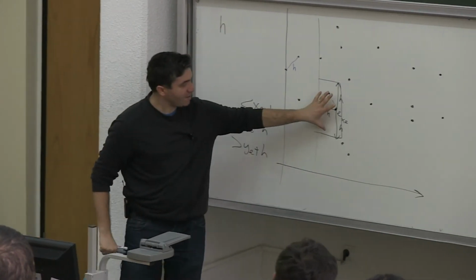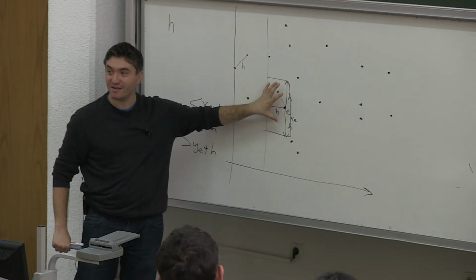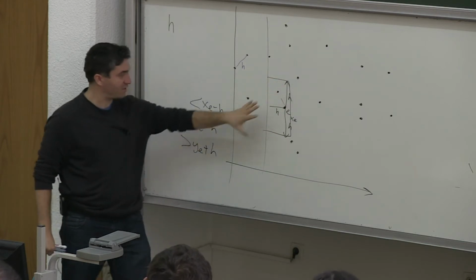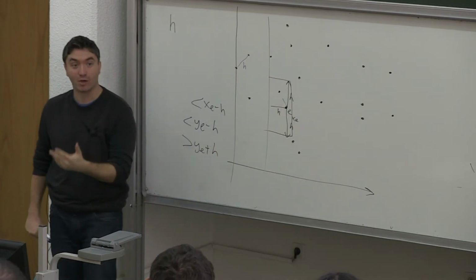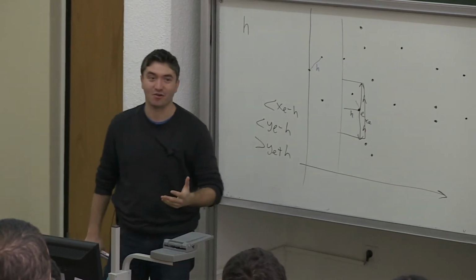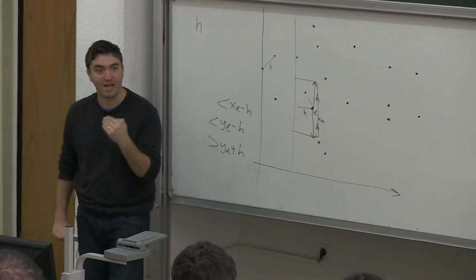Now, how can you find these points that are within minus h plus h of your y coordinate in log n time? You need to have a binary search tree of the current points with respect to their y coordinates.